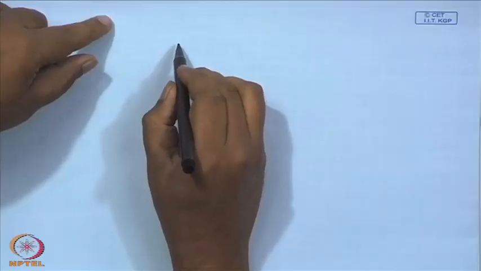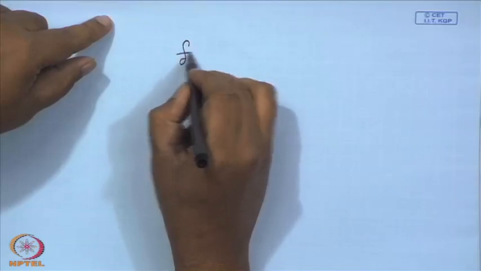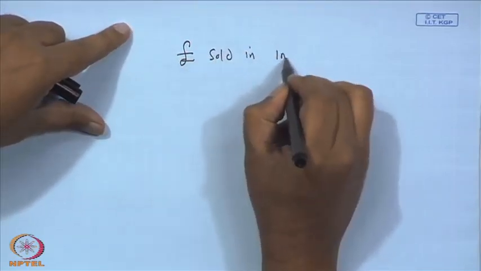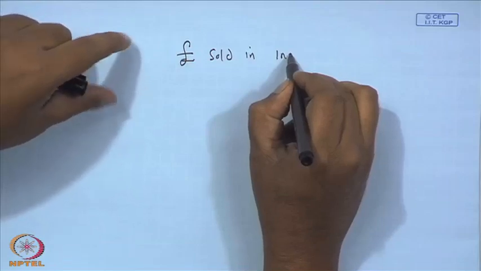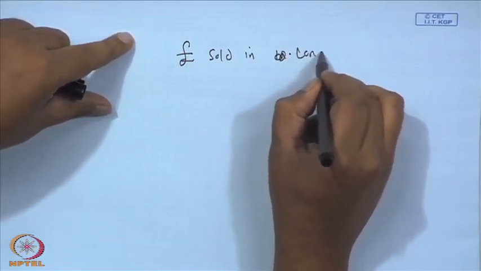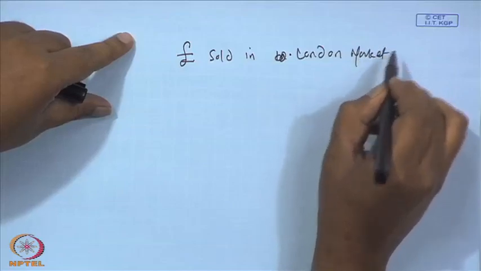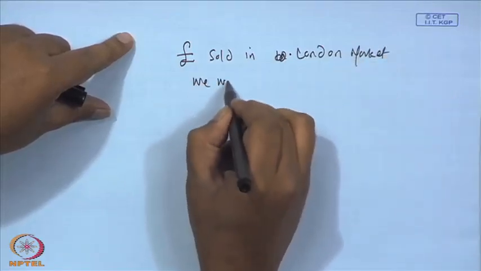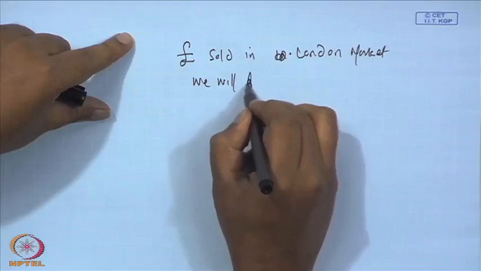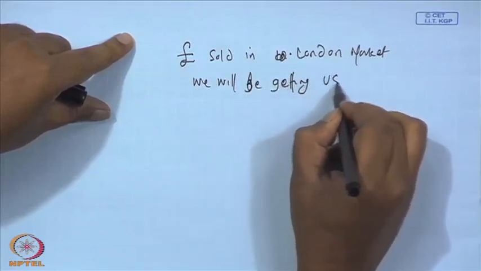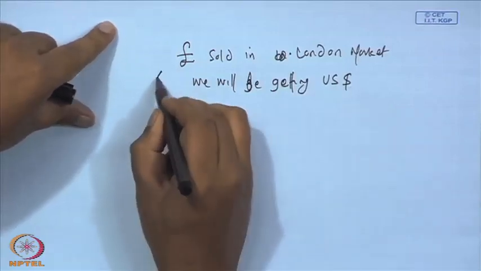Beyond 2 days, so it is a forward rate. So, the pound sterling will be sold in the London market, and we will be getting US dollar. That is step 1.